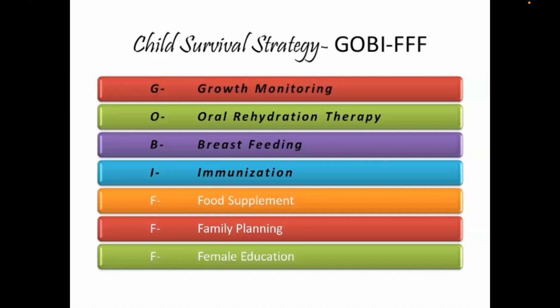Child and maternal health, reproductive health is very important, as well as food security. That's why these 3 F's were added. So it's now the child survival strategy, the GOBI-FFF of the UNICEF. One last time: growth monitoring, oral rehydration therapy, breastfeeding, immunization, food supplementation, family planning, and lastly, female education.